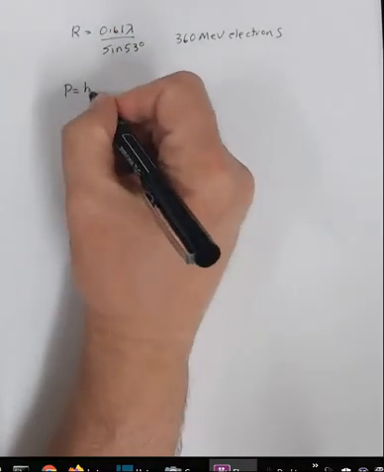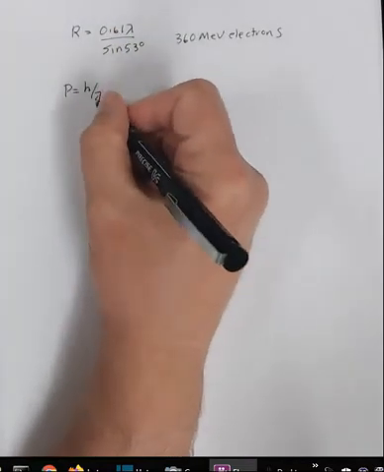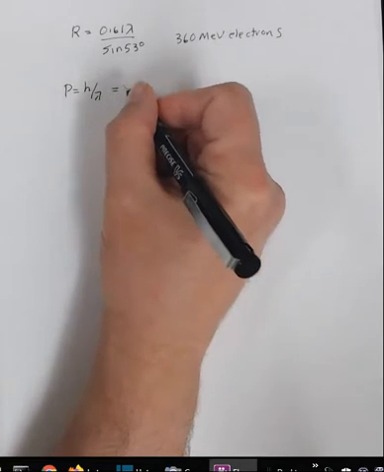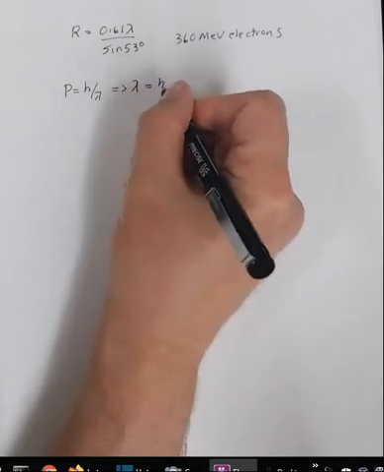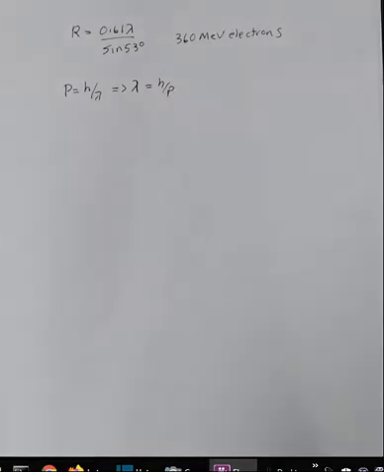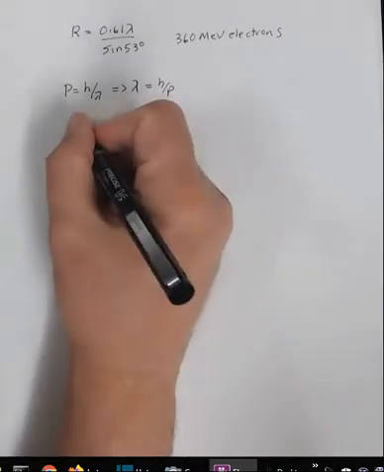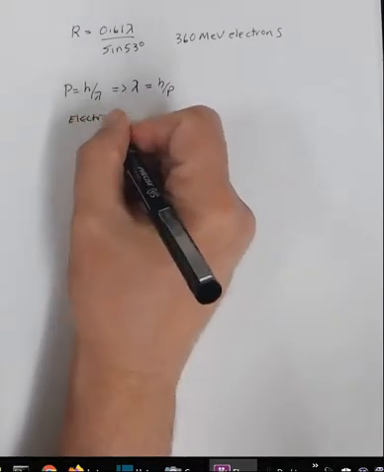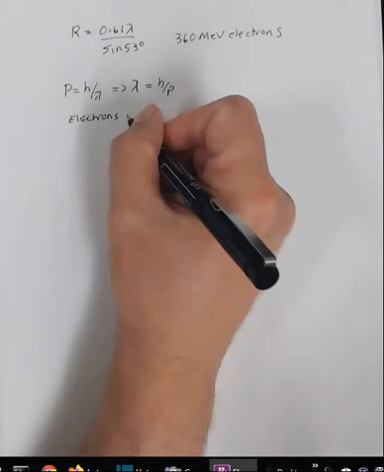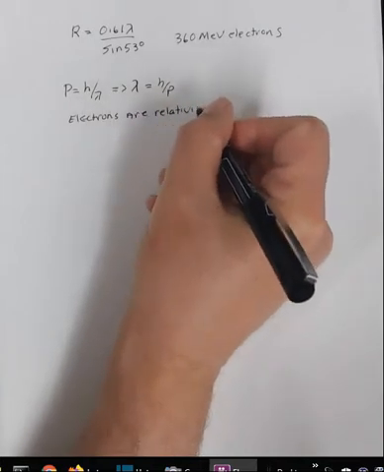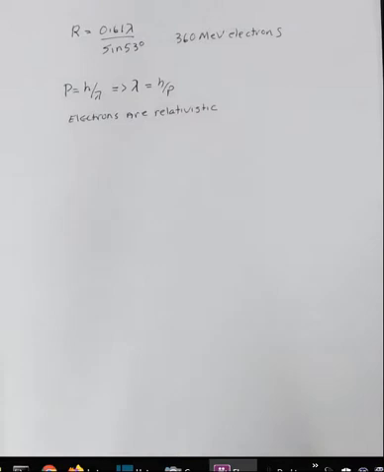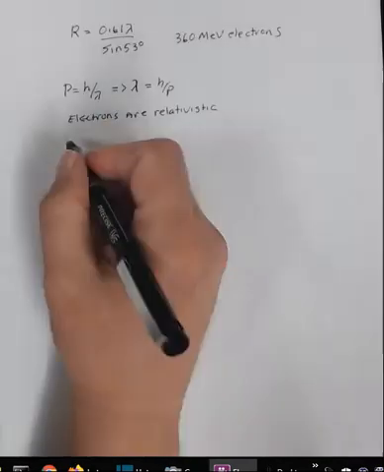We have this formula from de Broglie. That means I can find lambda equals h over p. So I need the momentum of these electrons. But these electrons are generally relativistic, so we have to use Einstein's.